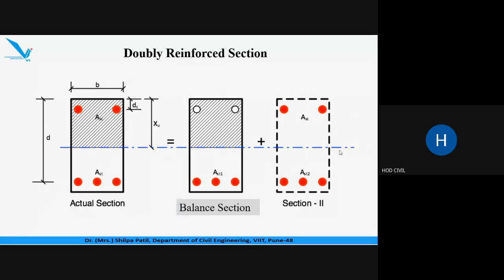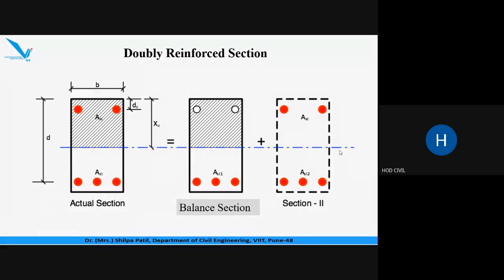So section 1 we consider as a balanced section. Whatever amount of steel is required for the balanced section we provide for section 1, and accordingly we calculate MU1. So the total moment of resistance shown by the doubly reinforced section, if it is MUR, we divide into two values, MU1 and MU2.